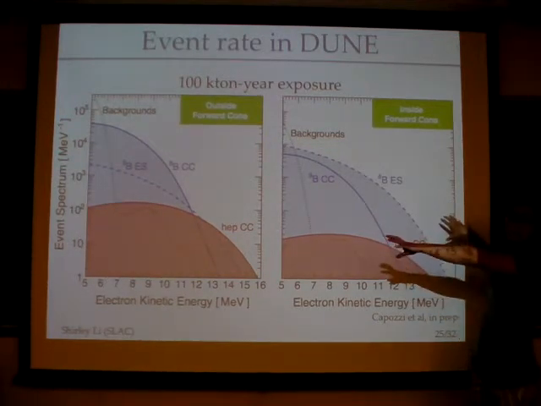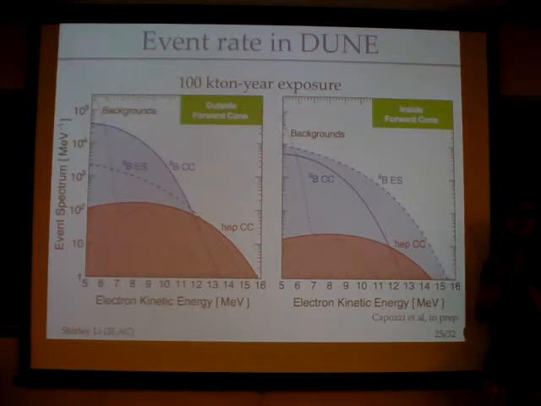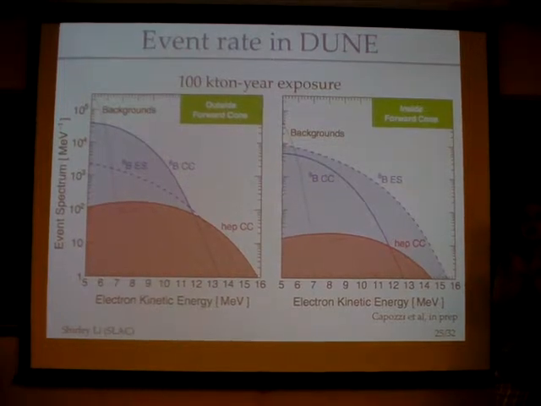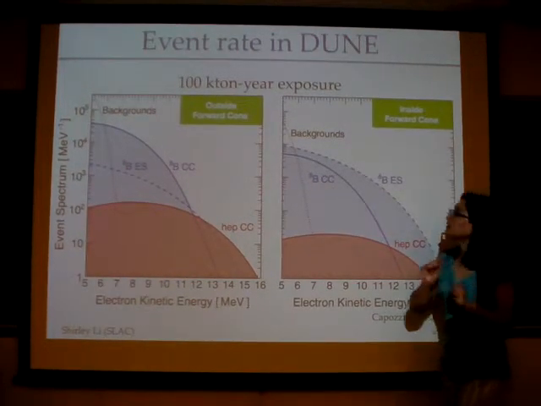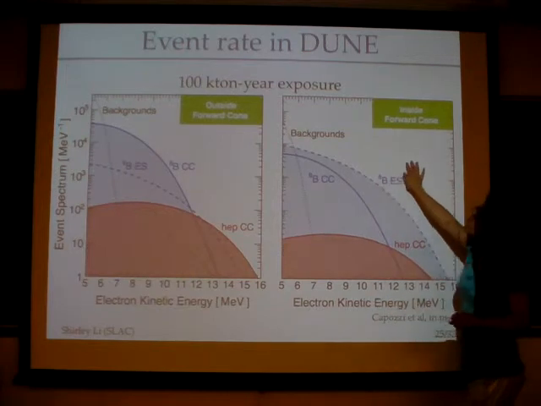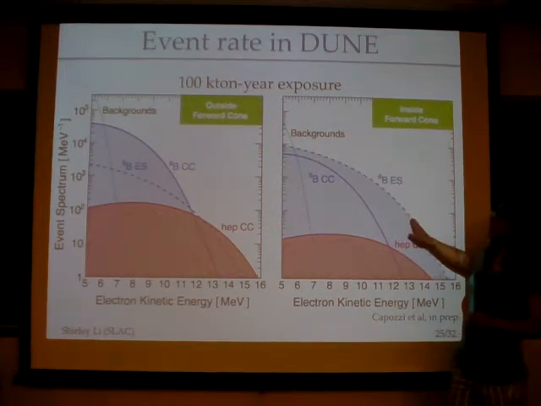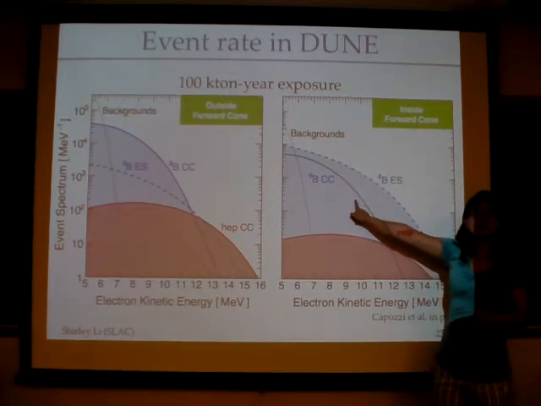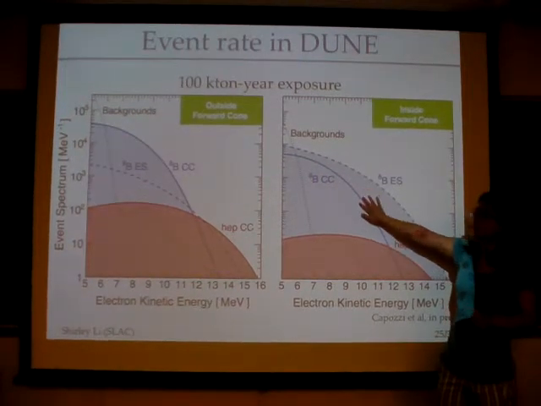But here the separation is what we assume. We assume the angular resolution is 25 degrees, so you're able to do a 40 degree angle cut. So inside the forward cone, it's mostly electron scattering, but obviously the charge current contamination is non-negligible.